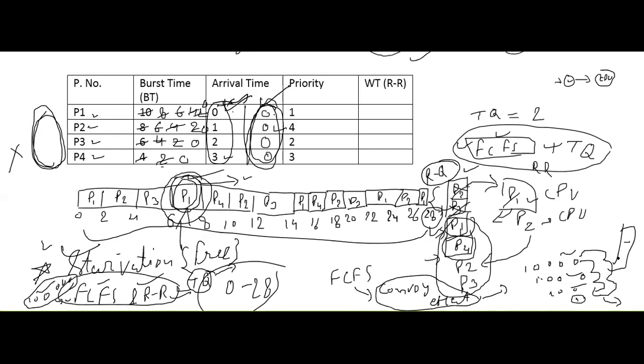That is convoy effect, that it will make one convoy. So if the first vehicle in the convoy is delayed, then all other vehicles will get impacted and they will get delayed one by one, just like in our trains, the first train got delayed by 30 minutes, so the next train got delayed by 40 minutes, so further the last one got delayed by 10 hours. So that is known as convoy effect. So FCFS suffers from convoy effect, but it does not have starvation.